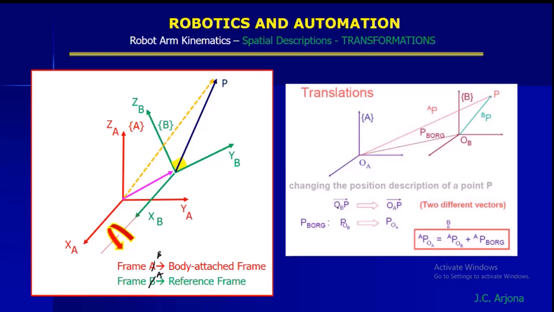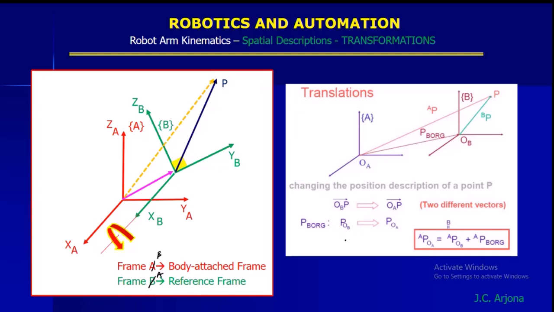Okay, so your origin to P, this one, is the same point, from the origin of A, this is the origin of A, to P, as the point from the origin B to point P, this one.